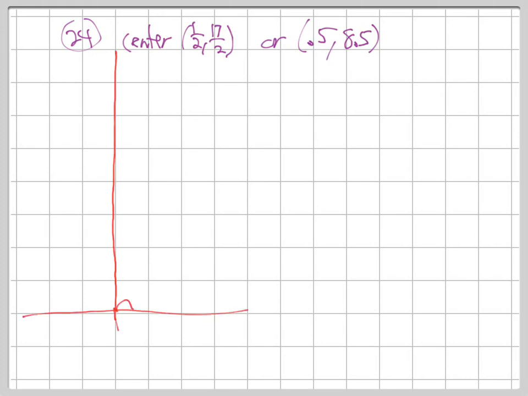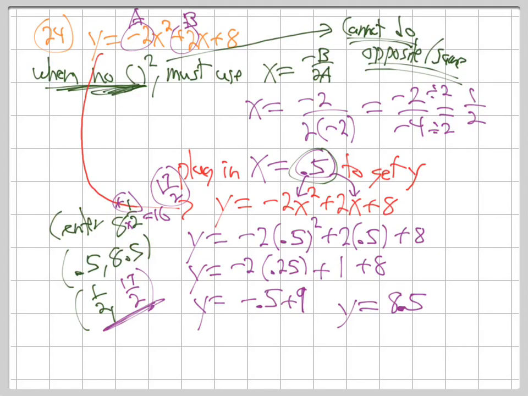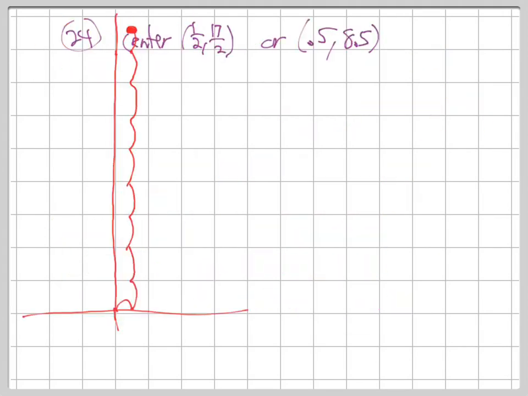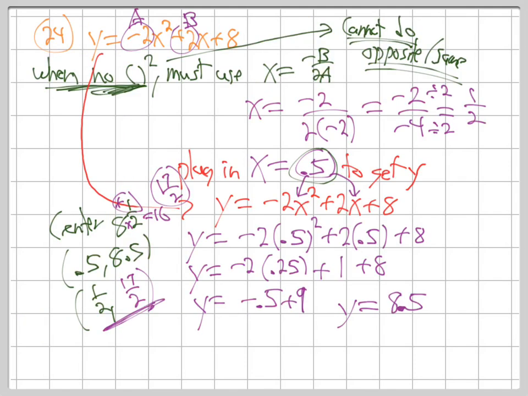Over half a unit, up 1, 2, 3, 4, 5, 6, 7, 8.5. Right there. It's way up there. So over a half, up 8.5. And then where does it go from there? Let me write the equation out here: y equals minus 2x squared plus 2x plus 8.